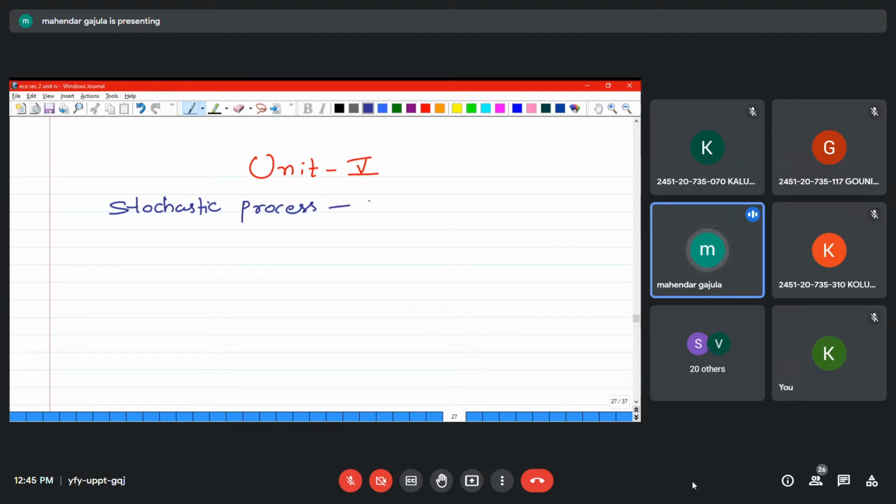So the frequency domain parameters, we call them spectral characteristics. Before starting this, let us see some prerequisites.